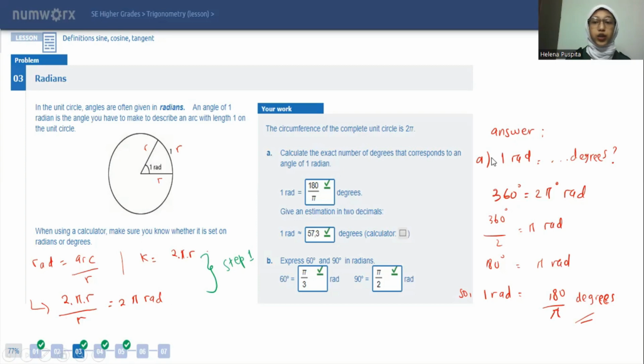So the solution is one full circle is 360 degrees. In radians, one full circle is 2π radians. 360 degrees equals 2π radians.